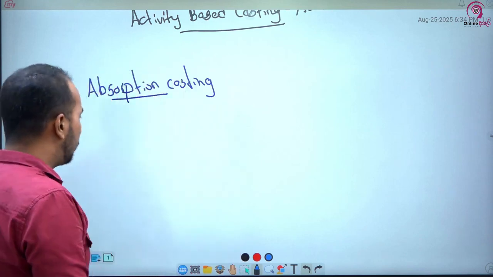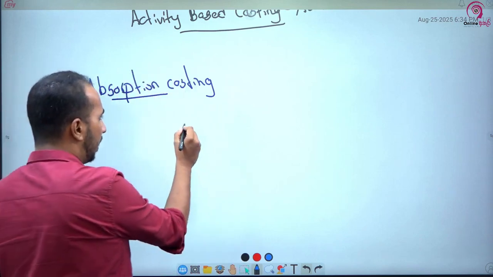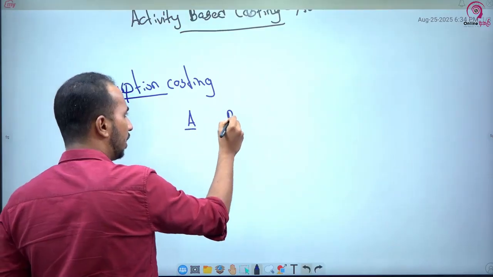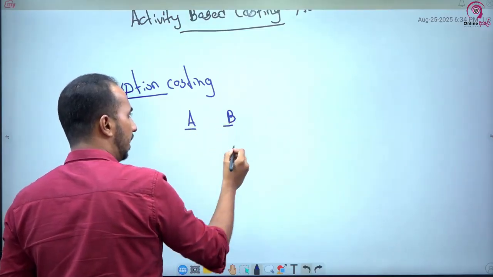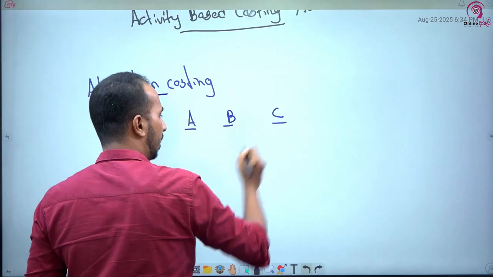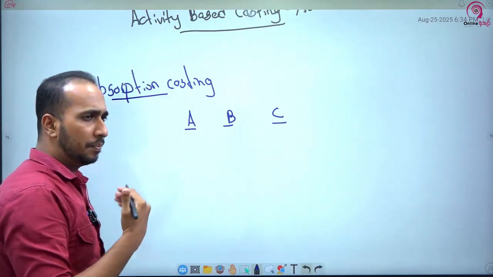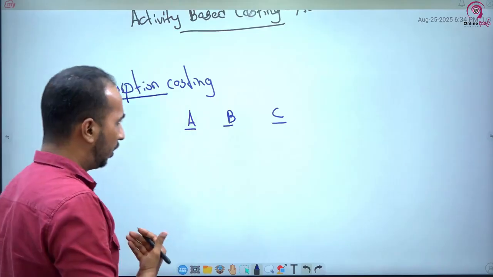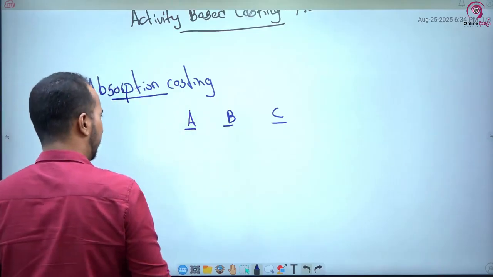Under absorption costing, basically we selected some of the cost centers in an organization, for example A, B, C. Some of the cost centers were service centers as well.